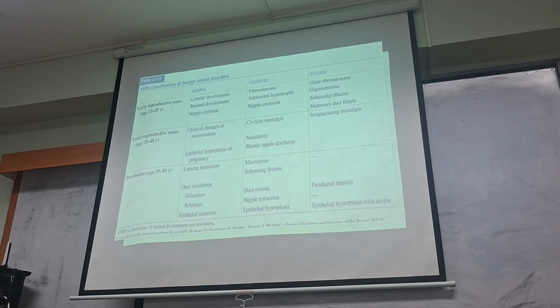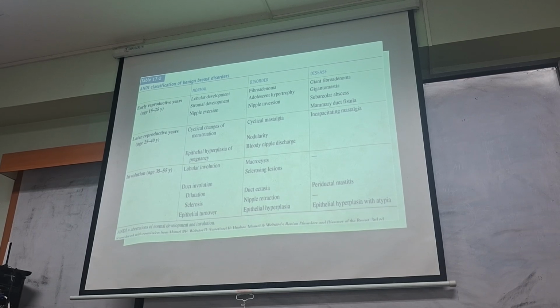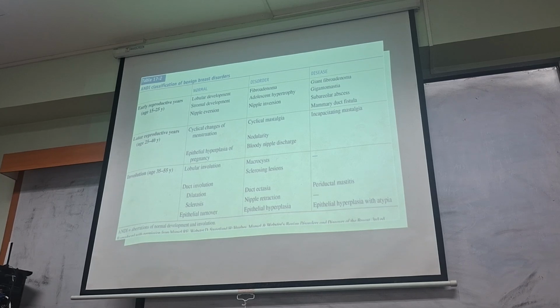Like, let's say, for example, the patient had a 5 centimeter breast mass, and she's 23 years old, and the breast mass has been there for 5 years, and it's 5 centimeters with an irregular border.